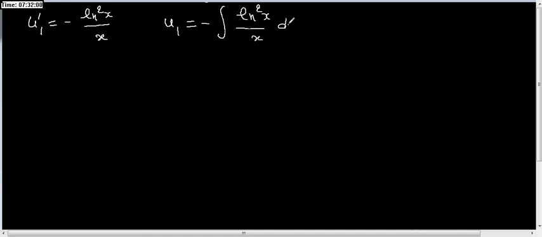over x dx. Now we can just use a substitution. Let's say t is ln x, dt will be dx over x.